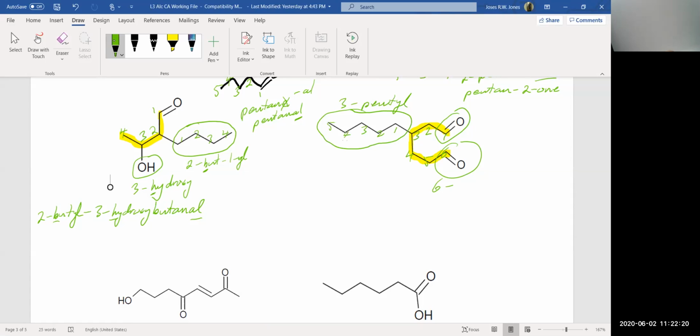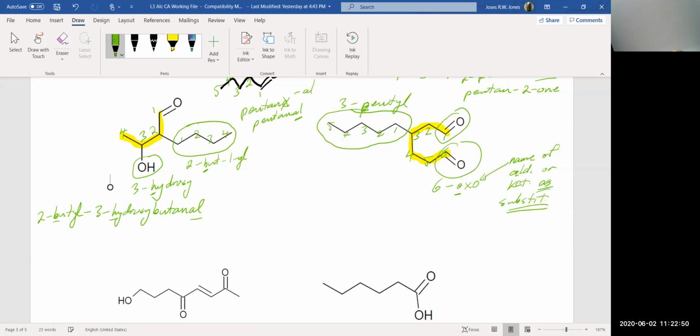So we have a 6-oxo group. Then we have an oxo O on carbon number 6, pentyl P, carbon number 3.